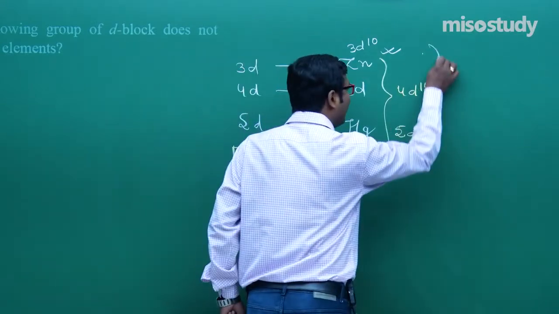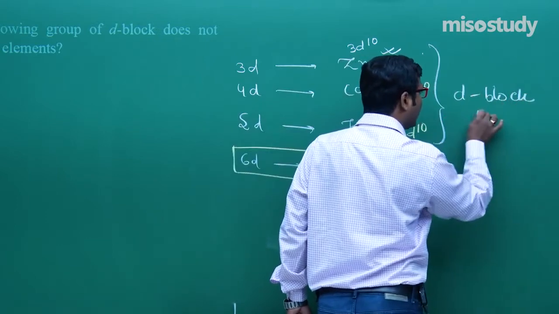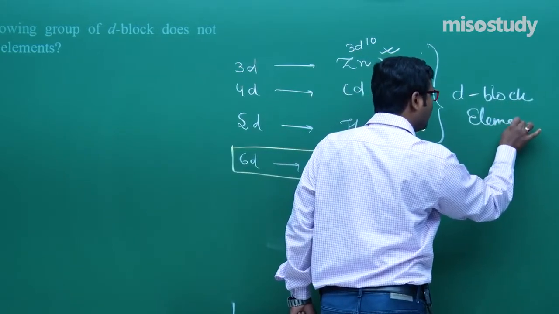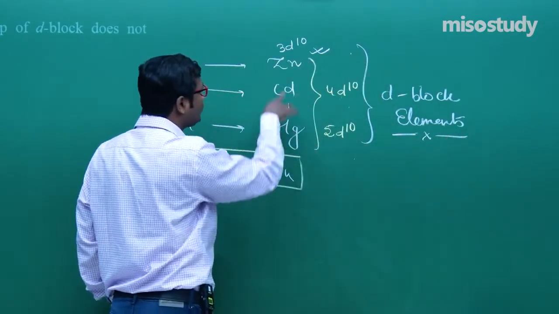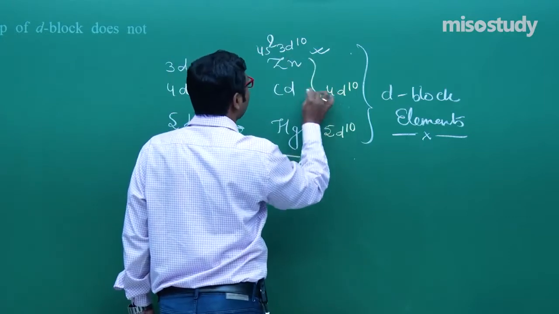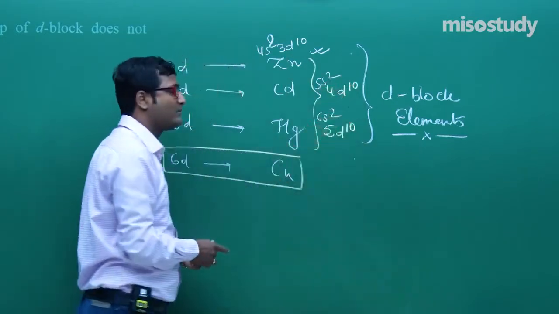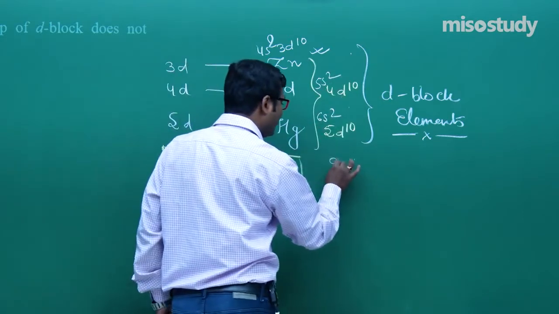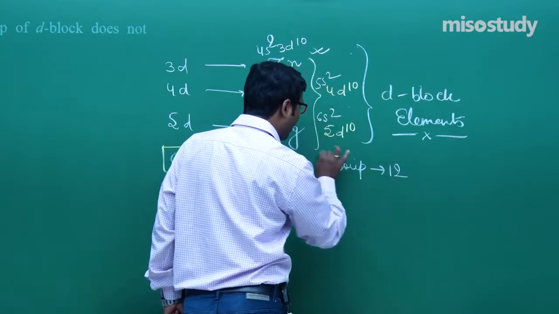They are treated only as D block elements, with electronic configurations 4s2 3d10, here 5s2 4d10, here 6s2 5d10. So the group number in this case is group 12.